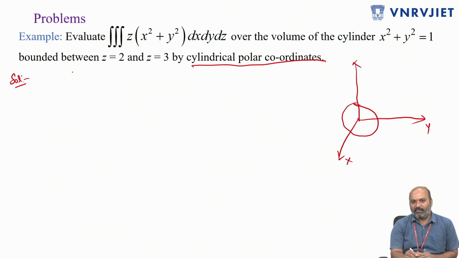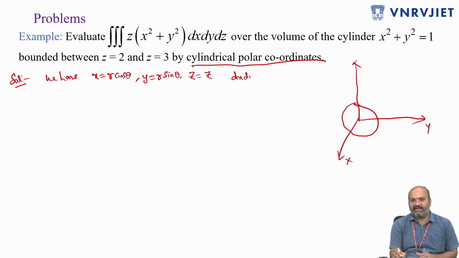So what are the cylindrical polar coordinates we have? x equals r cos theta, y equals r sin theta, z equals z, and of course dx dy dz equals Jacobian into dr d theta dz. What is the Jacobian? r, so r dr d theta dz. Our objective here is to identify the corresponding limits for r, theta and z.